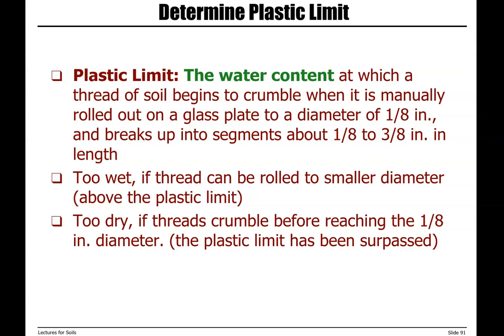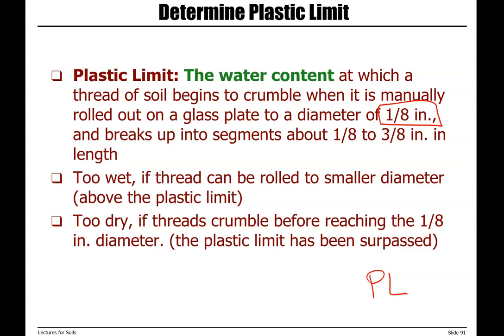Next, we need to find the plastic limit. Plastic limit is the water content at which a thread of soil begins to crumble when it's manually rolled out on a glass plate to a diameter of 1/8 inch and breaks up into segments about 1/8 to 3/8 inches in length.